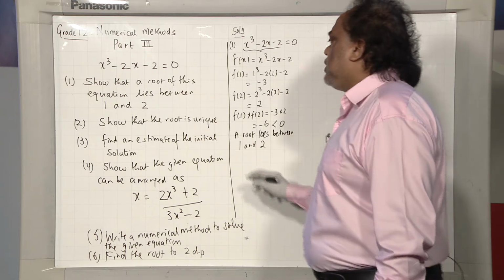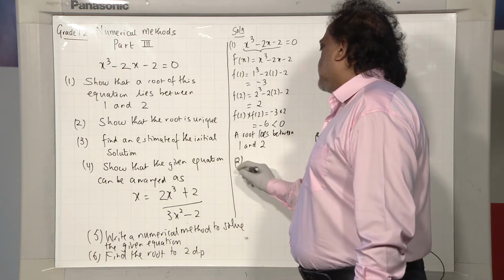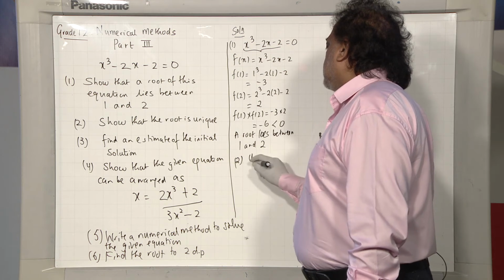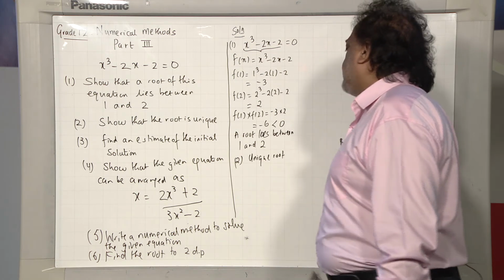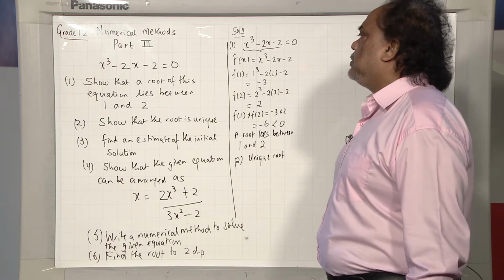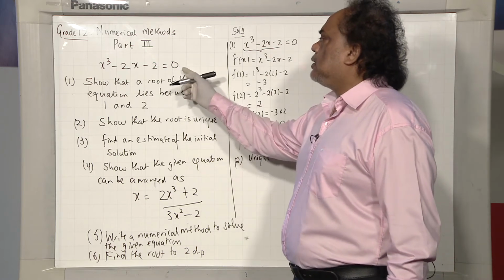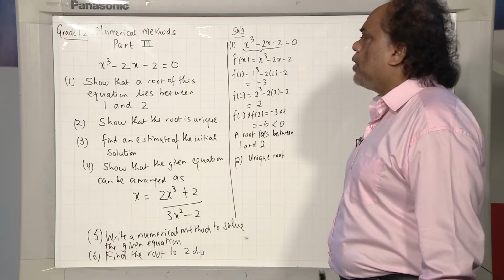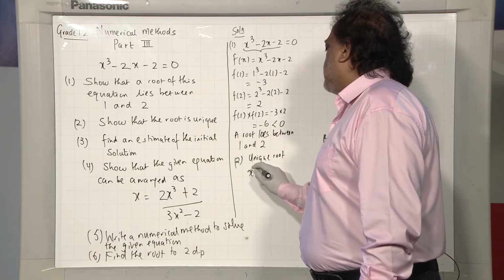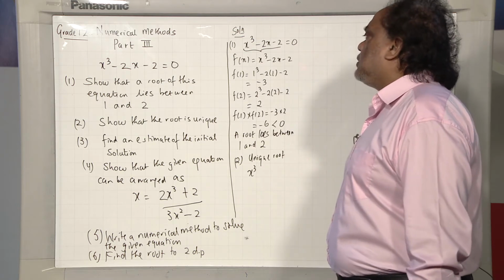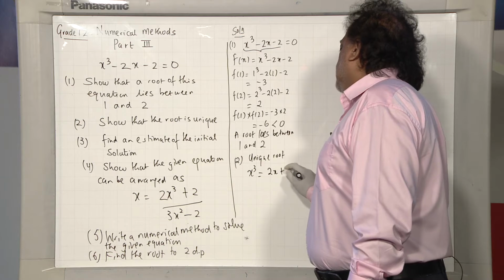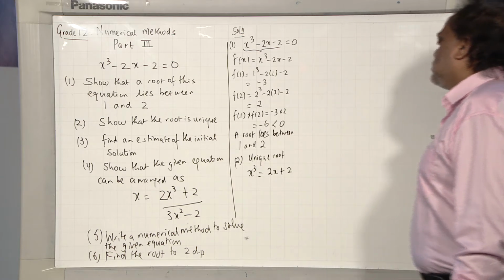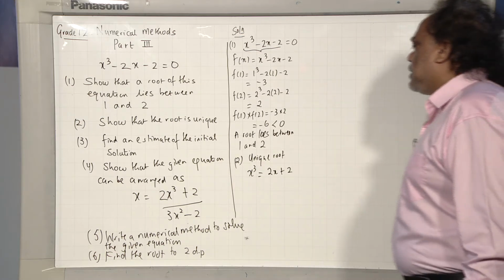Now, how do I prove that the root is unique? To prove uniqueness, I use the graphical method. As we said in the first part, we split the equation so that the nonlinear terms remain on the left-hand side and the linear term goes on the right-hand side.